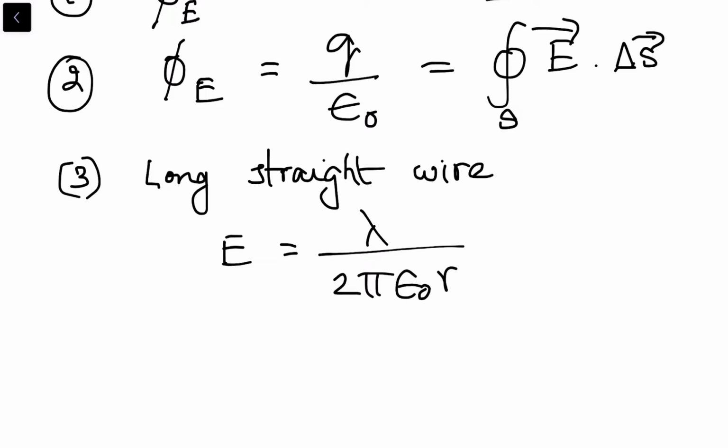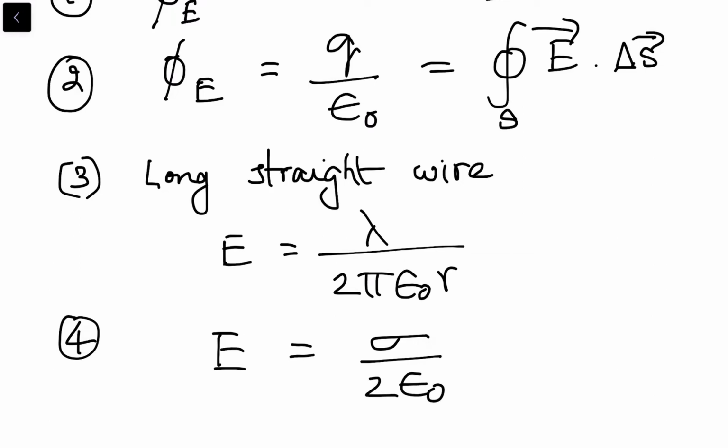The next formula which we have to know is the electric field due to an infinite sheet, that is sigma by 2 epsilon naught, where sigma is the surface charge density and epsilon naught is the permittivity of free space.